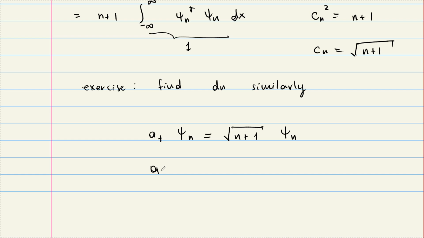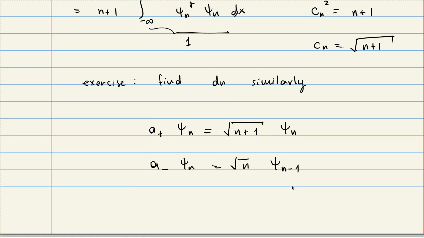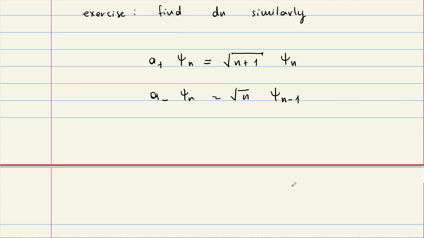Instinctively you might say minus 1, but you can never know, right? You should always verify. And A minus acting on psi n is root n psi n minus 1. This is just like you have a normalized state and you act on it and you get another normalized state, but with an overall factor. Good.